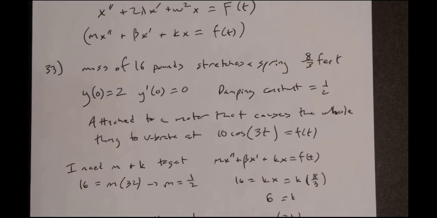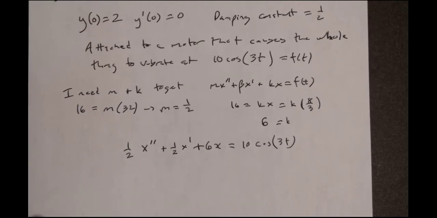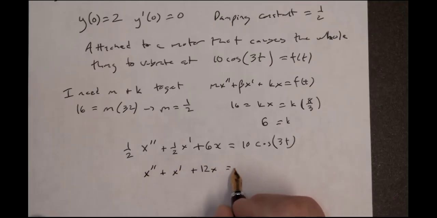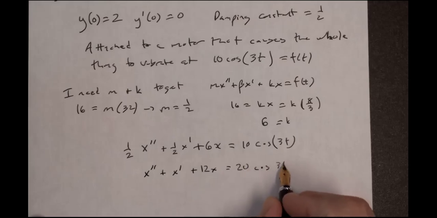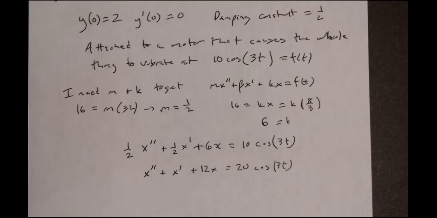If I go back and I look at the top, you'll notice that capital F of t is what happens when I write it with x double prime all alone. I'm going to go ahead and do that. That means multiply by 2 everywhere. I think that's probably a little easier to solve.